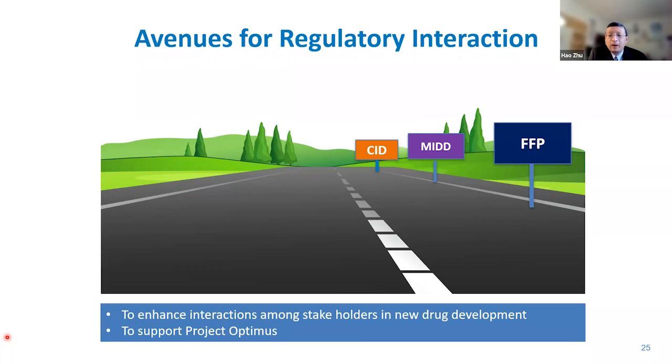The MIDD paired meeting program is designed to address various topics that may be encountered in different phases of new drug development. In the next few slides, we're going to talk to you about some of the details for the FFP program and MIDD program. Next one, please.